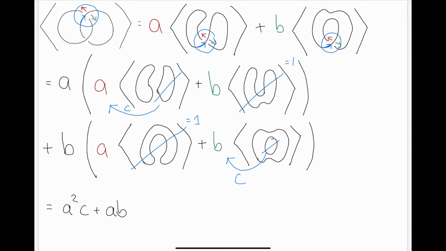So let me just write A plus B, plus, and here we get B times C. So B squared C. So this is the bracket polynomial, and then I can rewrite it as A squared plus B squared times C plus 2AB. And then I'm done.